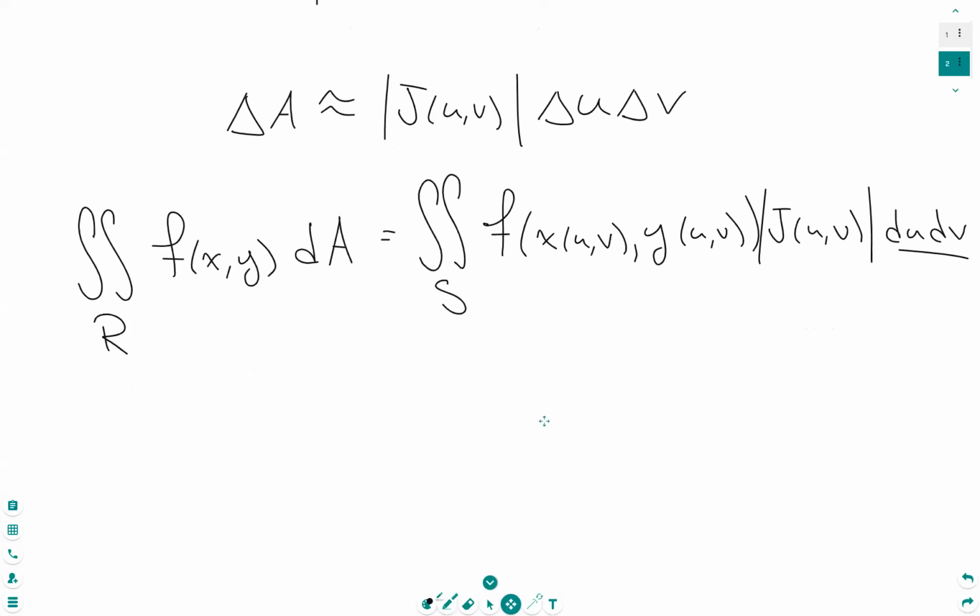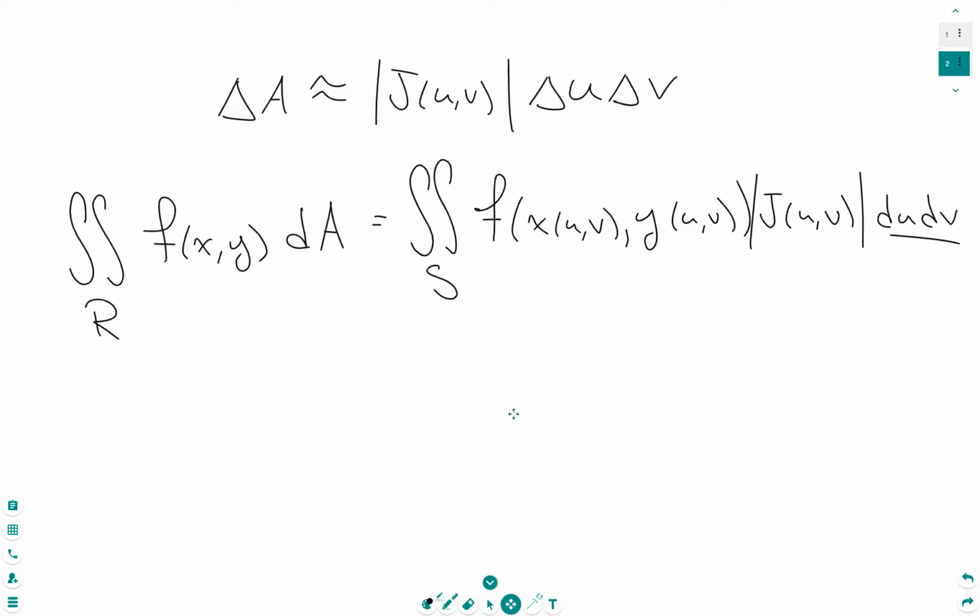It seems really complicated. I know we went through the whole proof and it might be a little overwhelming at first, but let's do a quick review of polar coordinates.